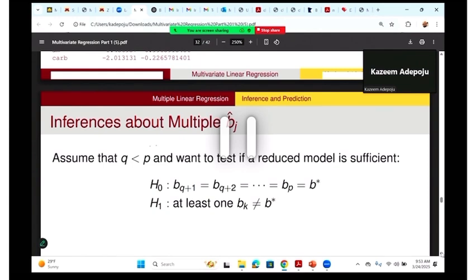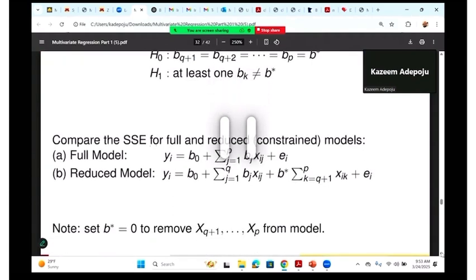Under the null hypothesis, H0 will support the model with 2 predictors, like we support a simpler model, while the alternative is going to consider the complicated model. This is an example, full model against a reduced model.